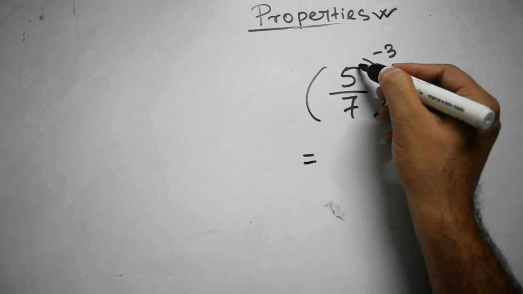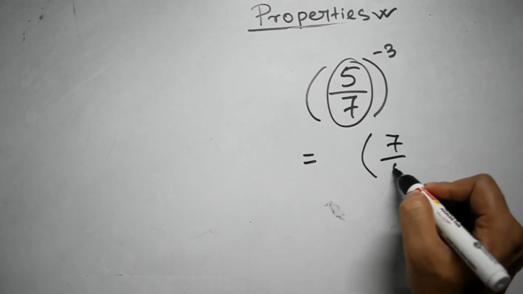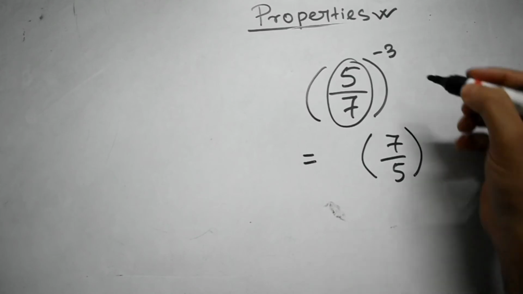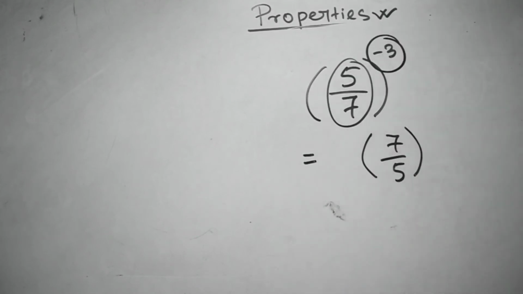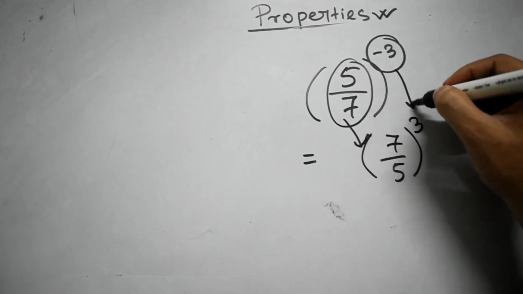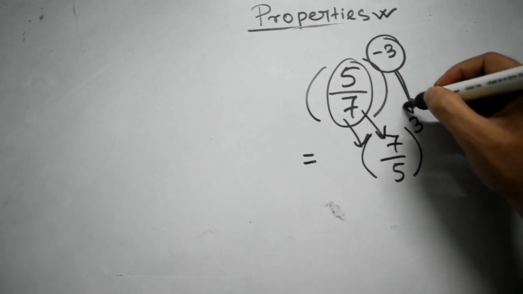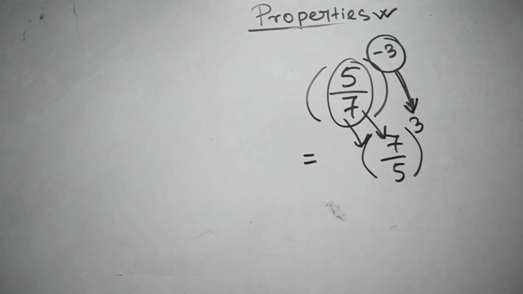First you make the reciprocal of it, which becomes 7 by 5. Then you write the positive exponent, that is 3. You make the reciprocal, you make the positive exponent. It's done, guys. It's very easy. I hope you have understood.